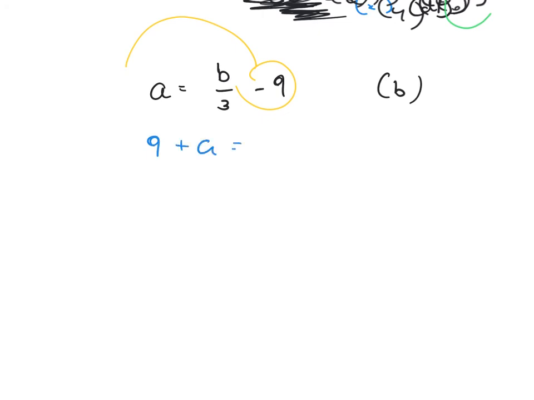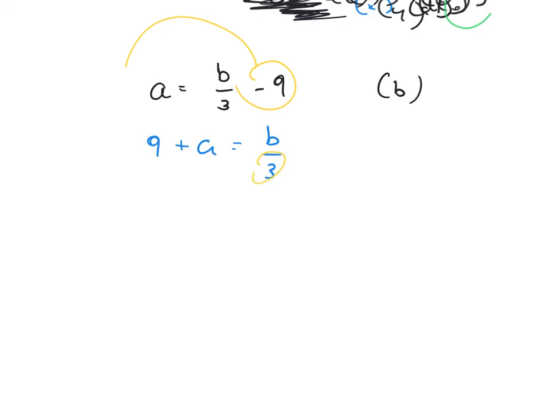Okay, let's try another. a equals b over 3 minus 9. Change the subject of the formula to b. Let's first of all eliminate that minus 9. The opposite of that is to plus 9. So it's 9 plus a equals b over 3. Then eliminate the divide by 3.